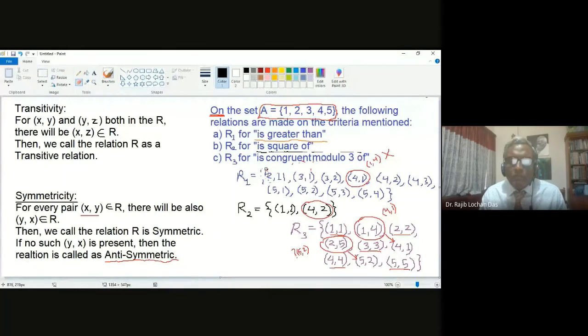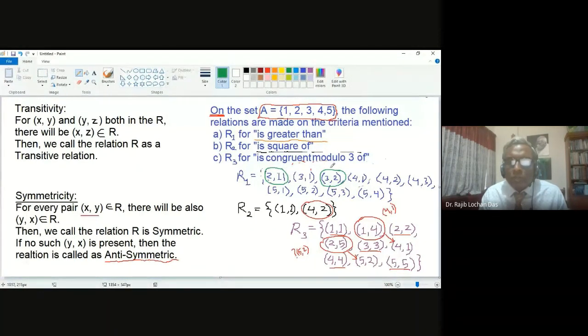Any combination, first or second, does not matter; you can check any way. Let me think about two pairs: one is 3 comma 2 and another is 2 comma 1.